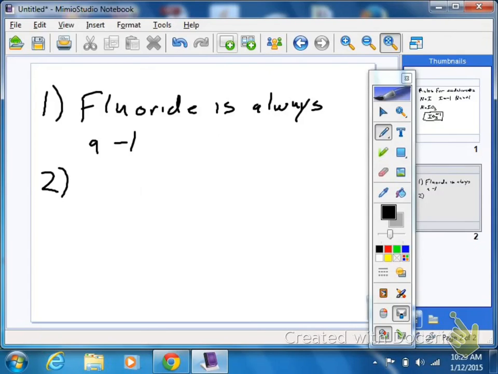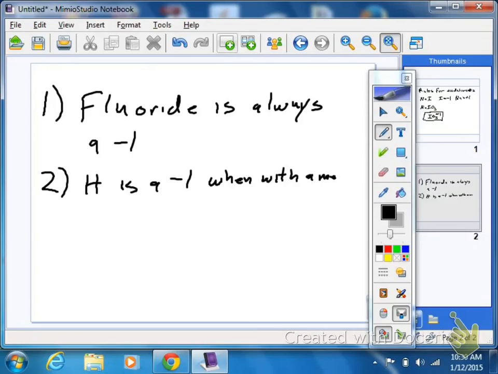Hydrogen, depending upon what atom it's placed with, can have multiple charges. So look in there. What does it say about hydrogen when it's placed with a metal? What charge would it be? It is a -1 when with a metal.